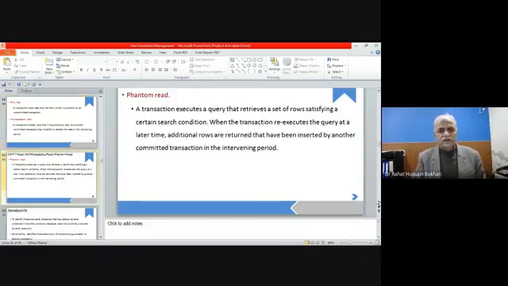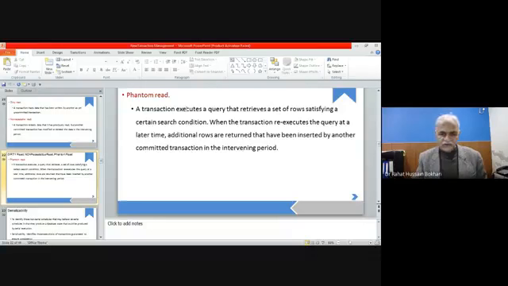The third one is phantom read. In a phantom read, the transaction executes a query that retrieves a set of rows satisfying a certain search condition. We have executed some sort of query conditionally. When the transaction re-executes the query at a later time, additional rows are returned, because within that time the data might be updated. So rows are returned that have been inserted by another committed transaction in the intervening time.